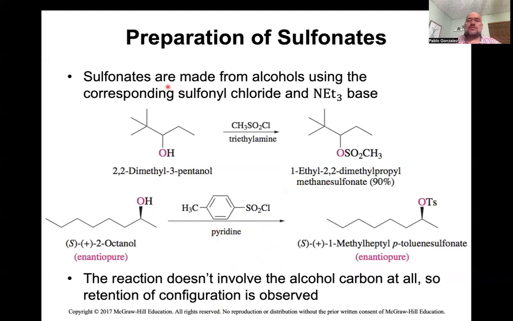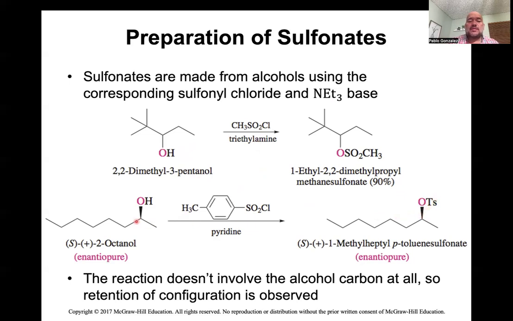In a reaction, the sulfonates are made from alcohols using the corresponding sulfonyl chloride and the amine again. This is a modification of the oxygen. We're trying to make oxygen a better leaving group, better than water. So OTs is an awesome leaving group, better than water. That's why we create this one.